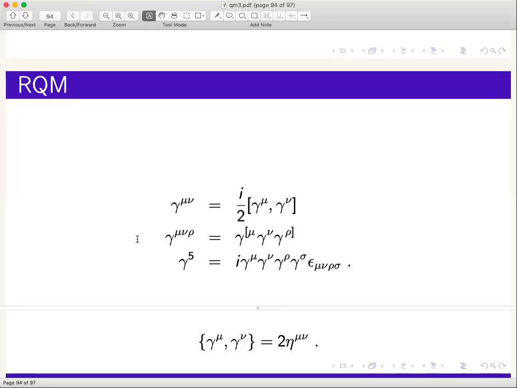That means whenever an index is repeated, you just sum it. So if you multiply by epsilon mu nu rho sigma, then mu, nu, and rho are summed, and those summed indices are not free indices. That effectively gives you an object which actually carries only one index. So a third rank antisymmetric tensor in 4 dimensions effectively behaves like an object which has only one index, like a vector.